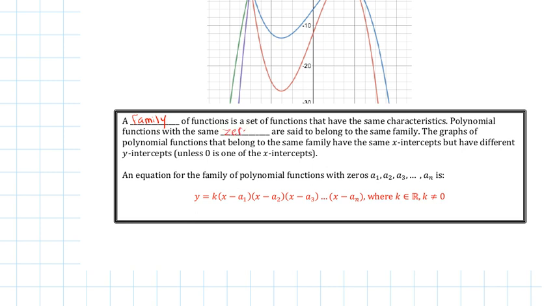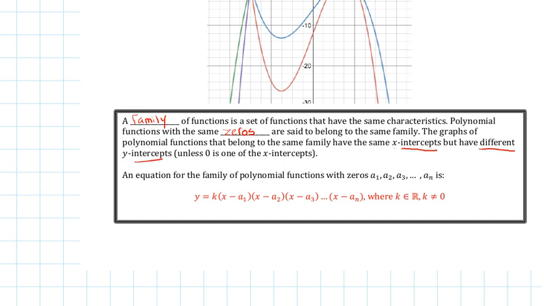So the graphs of polynomial functions that belong to the same family have the same x-intercepts, but have different y-intercepts, unless 0 is one of the x-intercepts, then they will have the same y-intercept. An equation for the family of polynomial functions with zeros a1, a2 is written as y equals k(x minus a1)(x minus a2), and so on and so forth, where k cannot equal 0.